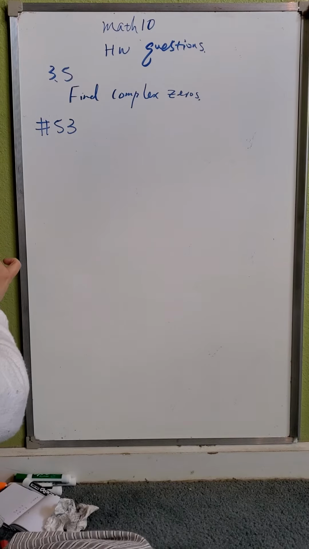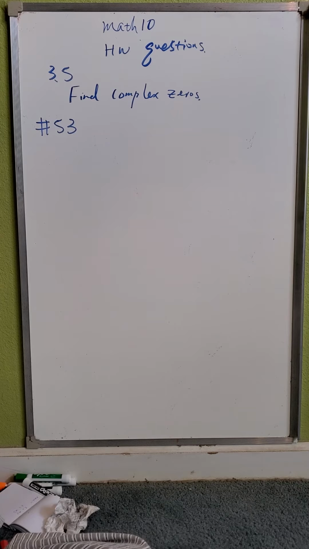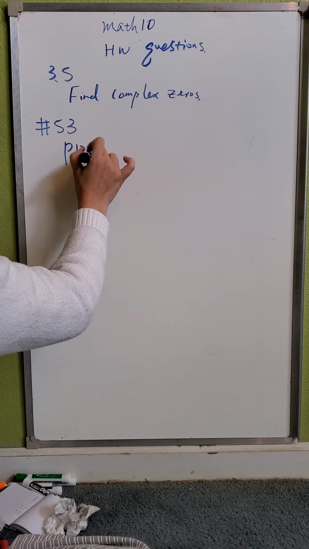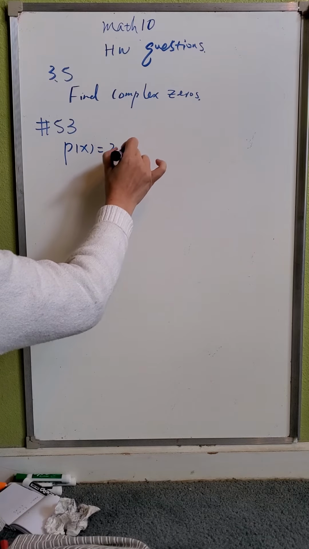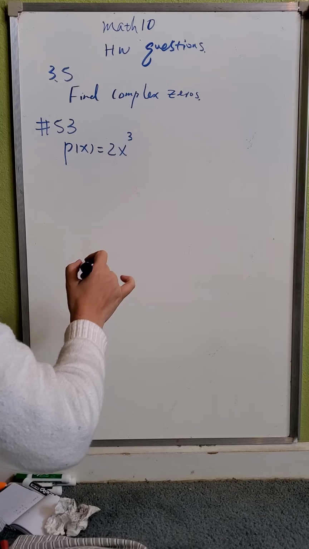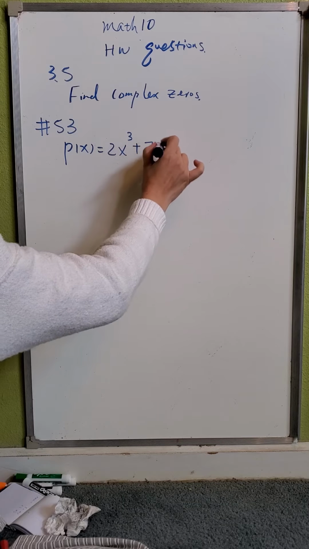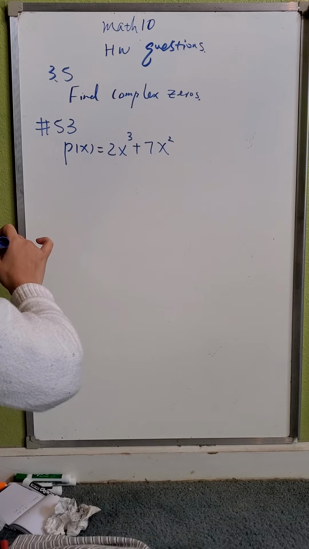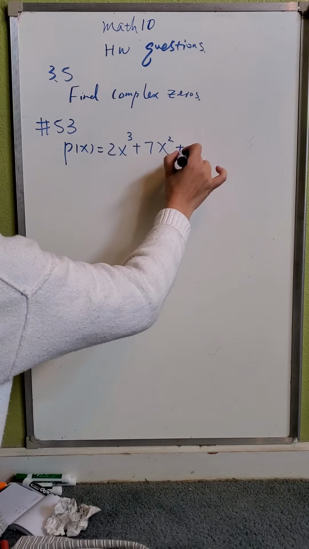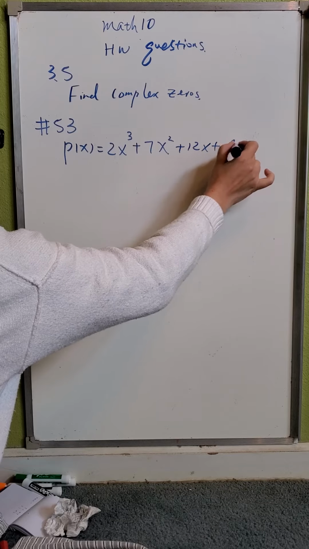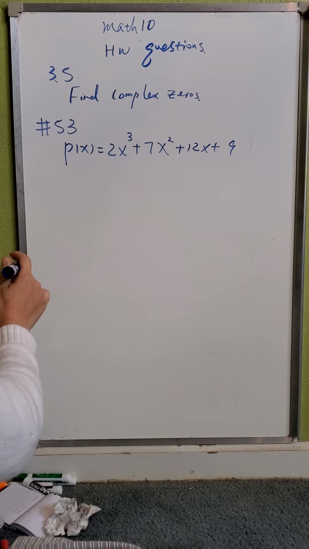And the problem is 2x cubed plus 7x squared plus 12x plus 9. So we're going to do the same thing.